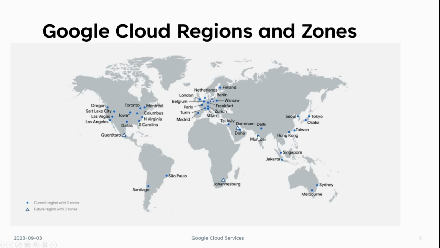But it gives you redundancy if your applications are distributed, so you can choose two regions. I'm not going deep into regions and zones, but this is the overall regions and zones of Google Cloud.